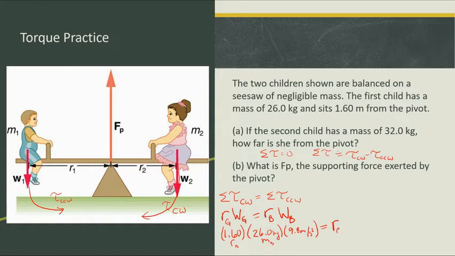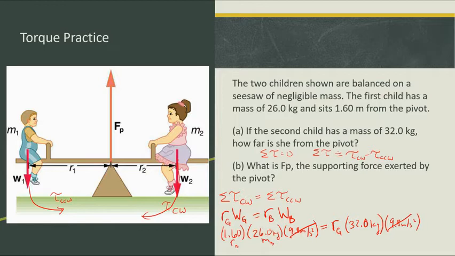Okay, the radius of the girl, because that's what we don't know, times the mass of the girl, which is 32.0 kilograms, times my 9.8 meters per second squared. So my gravity is going to actually end up canceling on both sides. And I'm going to go ahead and do 1.60 times 26 divided by 32.